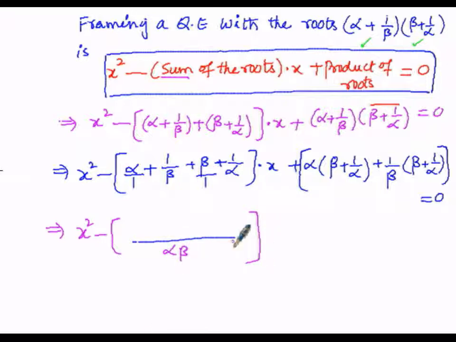Then in the numerator, alpha is written as it is, one number of times is 1 alpha beta times. So alpha beta, plus 1 into, here beta and beta get cancelled, only alpha is left over, plus beta written as it is into 1 number of times is alpha beta times, plus numerator 1 is written as it is, alpha and alpha get cancelled, beta number of times.